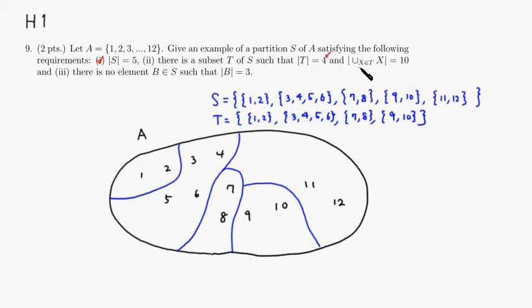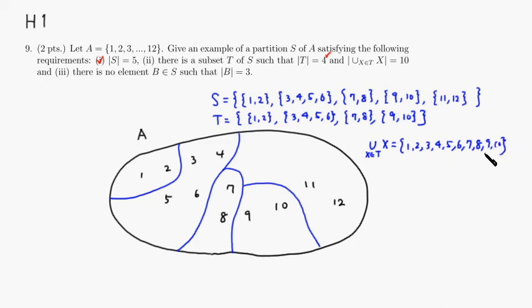Then if you take the union of all the x in T, it's going to have 1 and 2 and 3, 4, 5, 6, 7, 8, 9, 10.